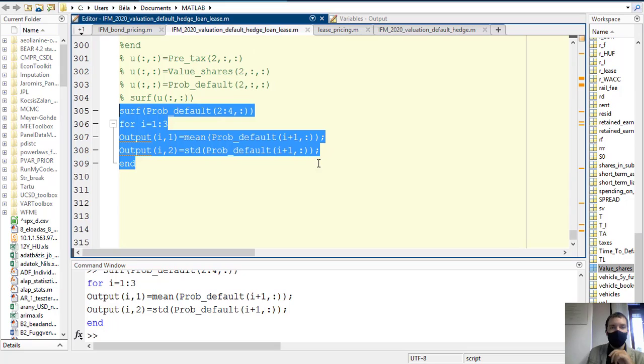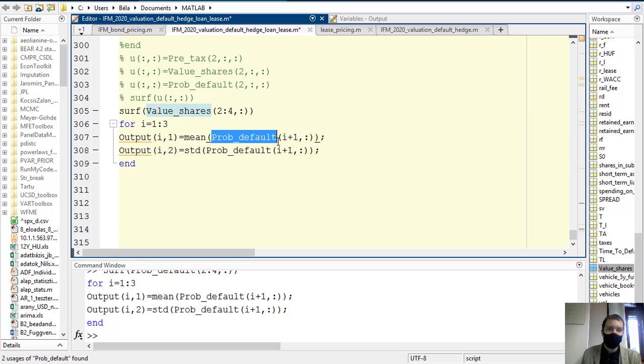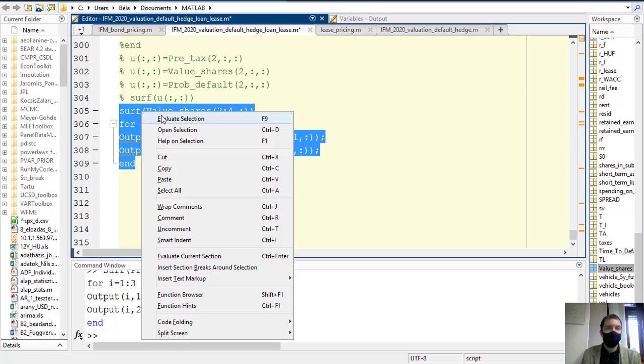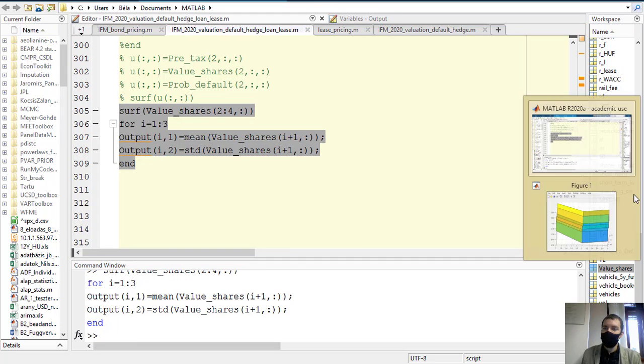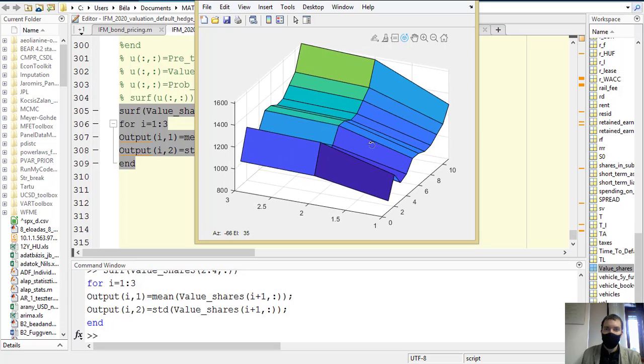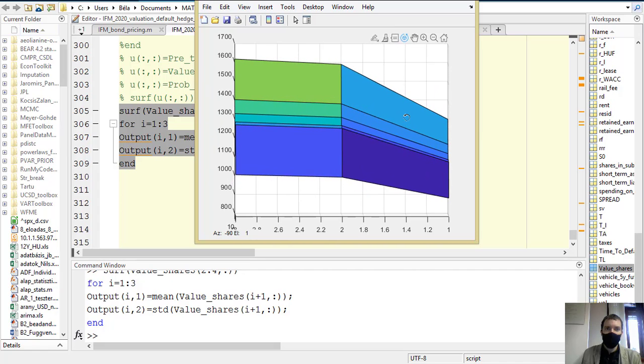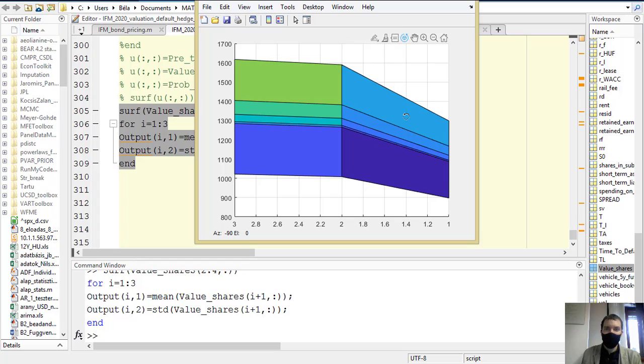Let's see the valuation. First, I have to rename. Wow. And wow again. Yeah, because we can see our debt.